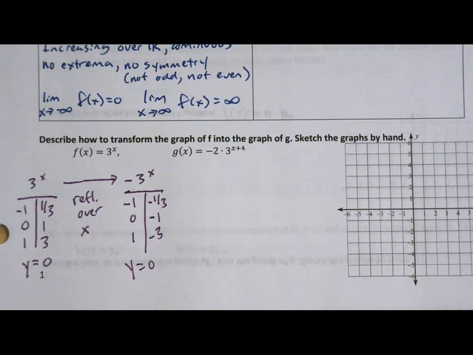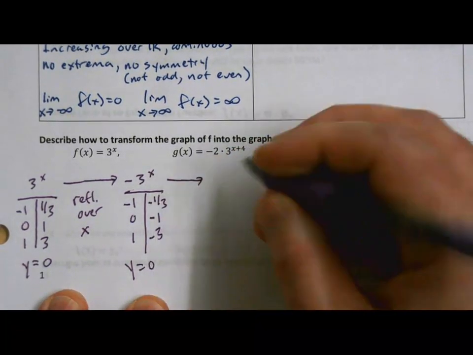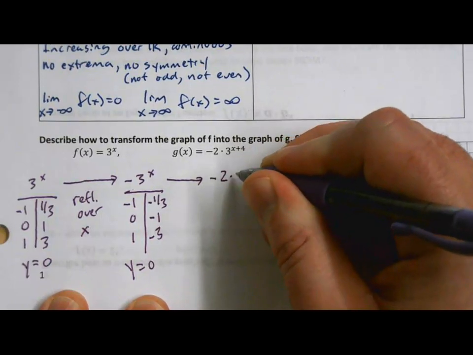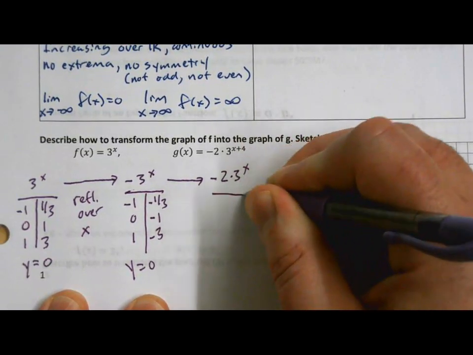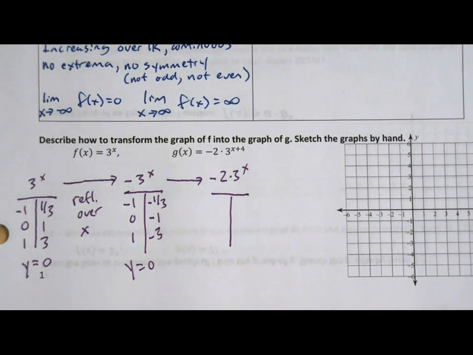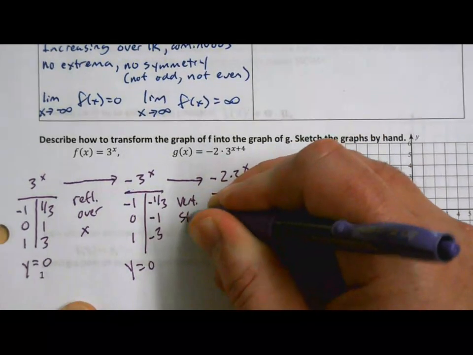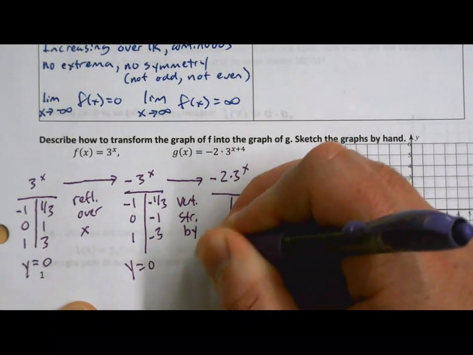Which one next? 2. All right. So this is a 2 being multiplied on the outside. That's outside, so that's vertical stretch or shrink. Vertical stretch by 2.